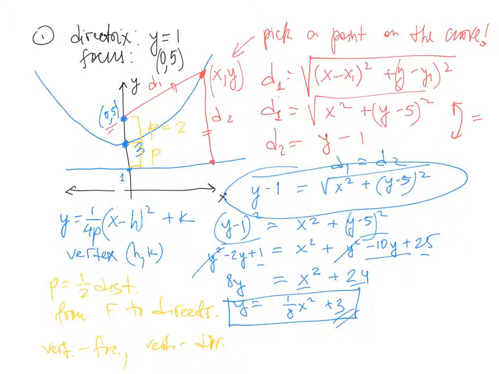From 3 to 1, it's 2. And as you see in our equation, we would write 1 over 4 times 2. Coordinates of the vertex are (0, 3). It will be x minus nothing, x squared, I don't need this parenthesis, plus 3. That's exactly what we got here.